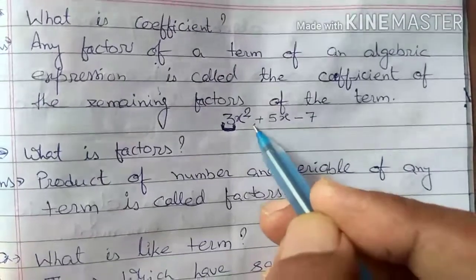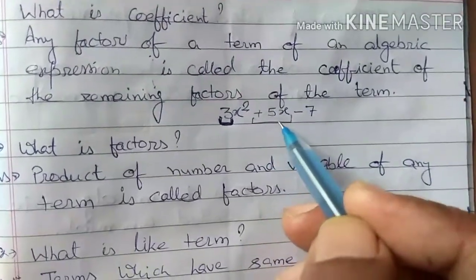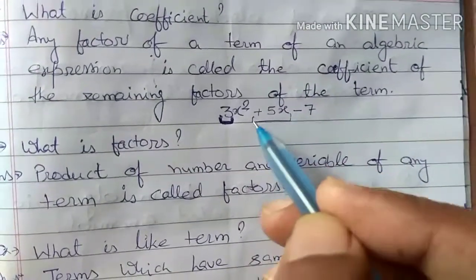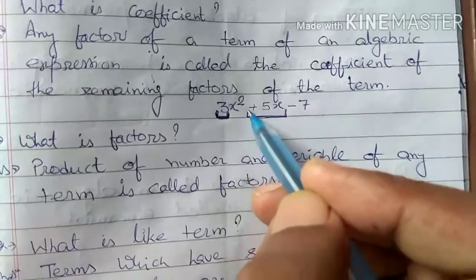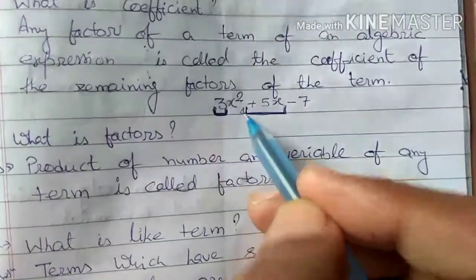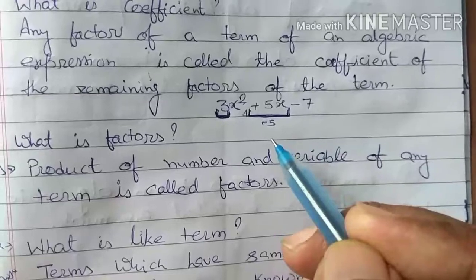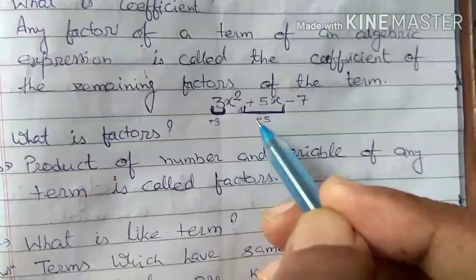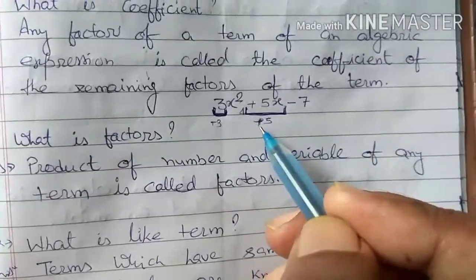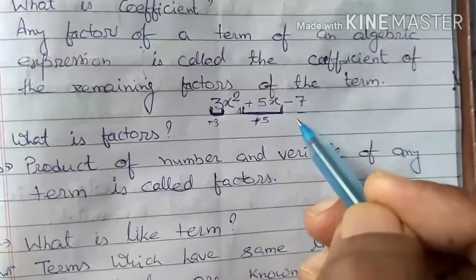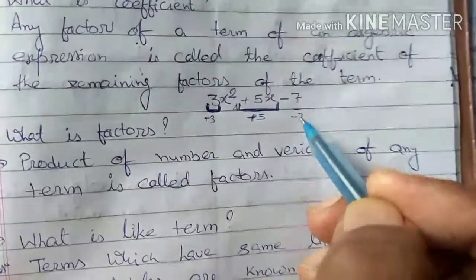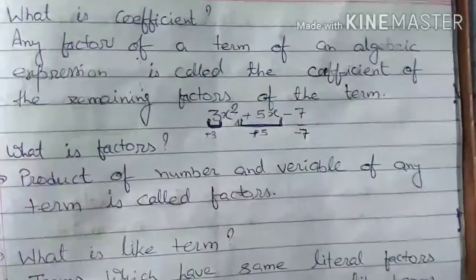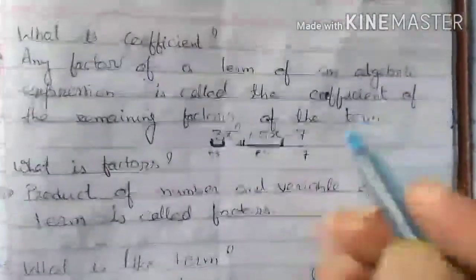The next term is plus 5x, so the coefficient of x is plus 5. There is no need to write the positive sign. The coefficient of the last term is minus 7, because here nothing is given.